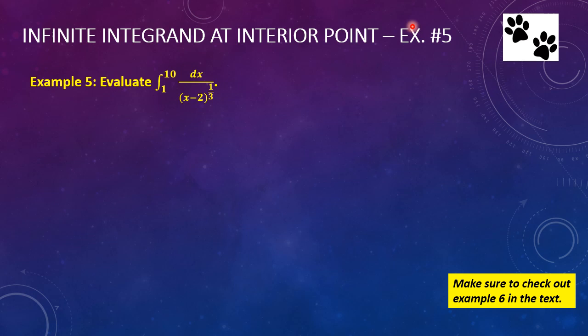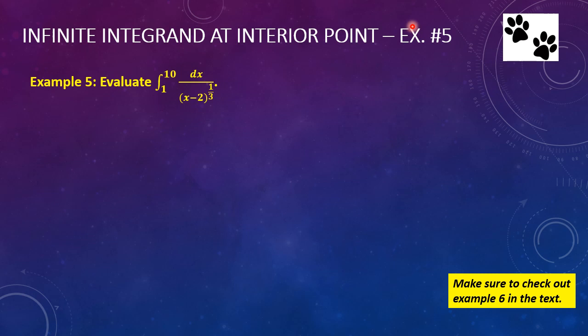Well, immediately we can see that x minus 2 in the denominator is going to give us an undefined value at x equals 2, which is an interior point for this integral.